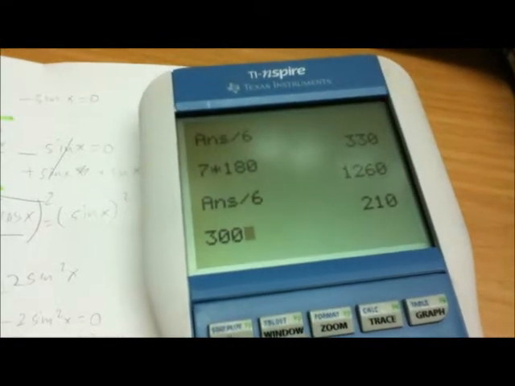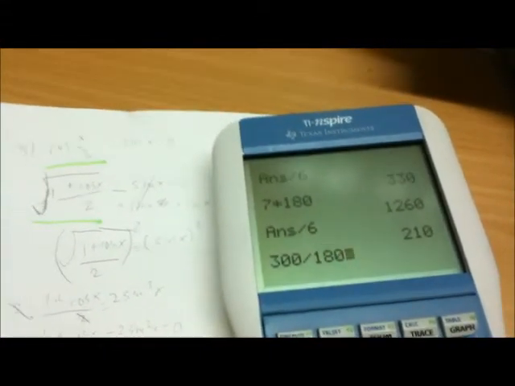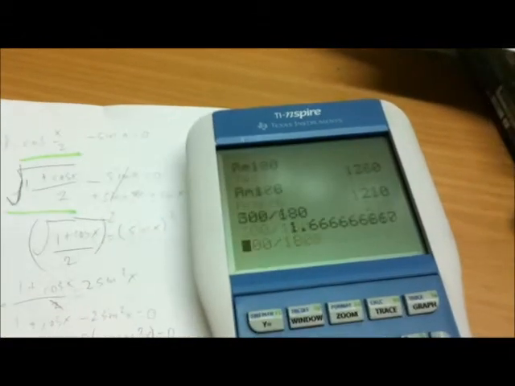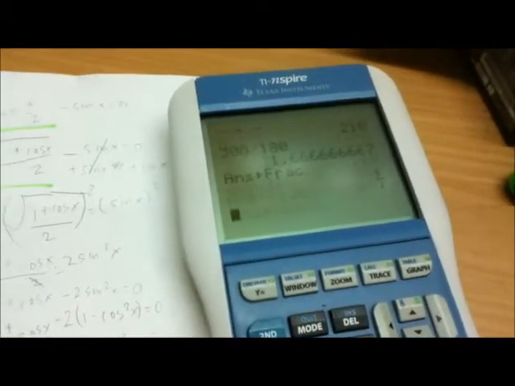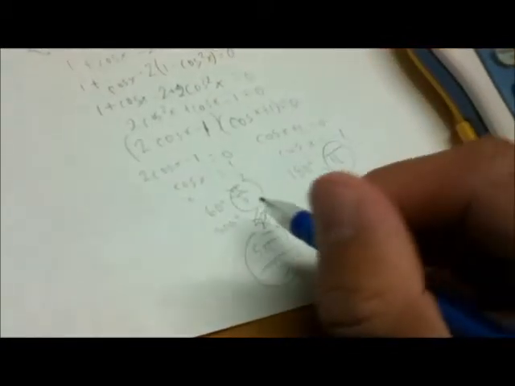Okay, I'm going to convert 300 here, divided by 180. Oh, 5 pi over 3. Whoops. So these are the radian values, and these are the angle values.